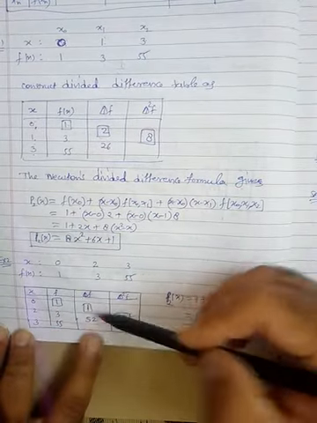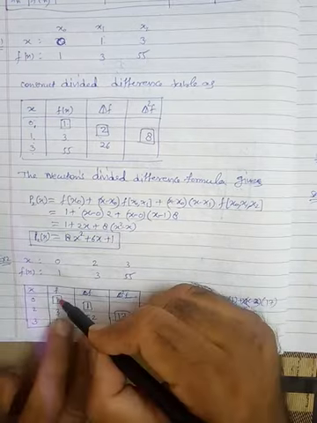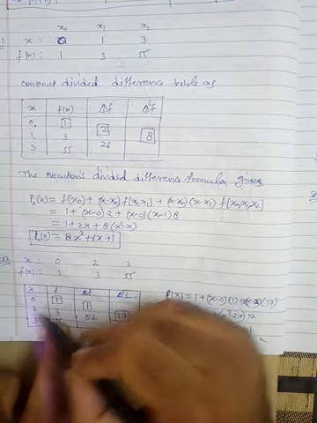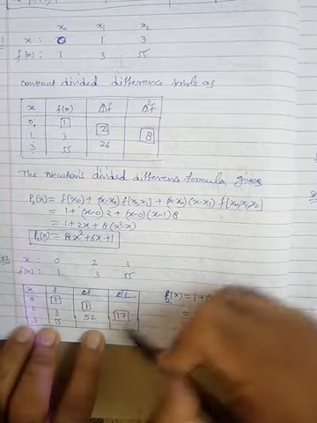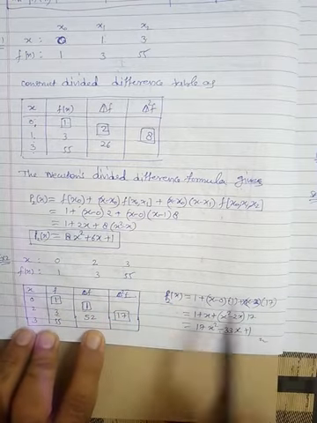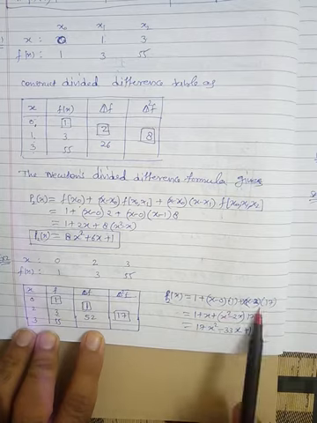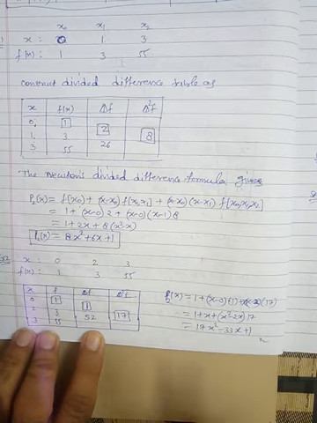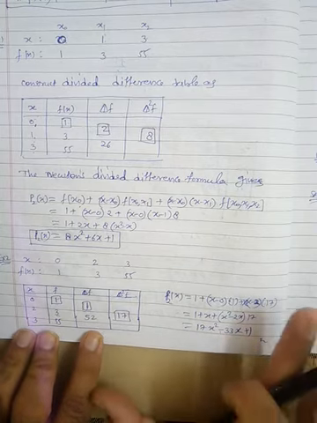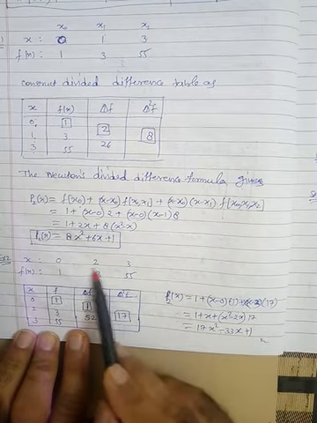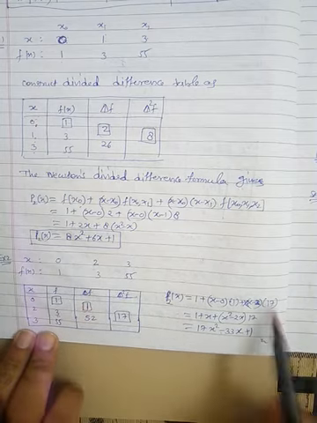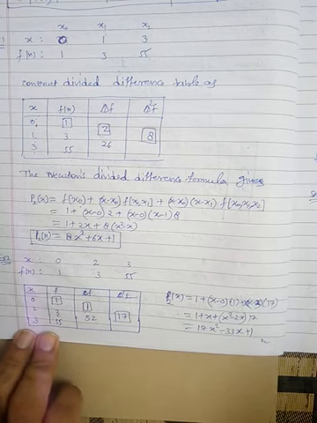Here is the difference because 3 minus 1 divided by 3 minus 1 is 2 minus 0. So 1, 52, 70. This is the revised table, and then apply the same formula here and constitute the table. So this is easy to apply in comparison to Lagrange's formula. आप देख सकते हैं जैसे ही हमने चेंज किया तो कैलकुलेशन करने में बहुत ज़्यादा दिक्कत नहीं हुई. So this is very simple.